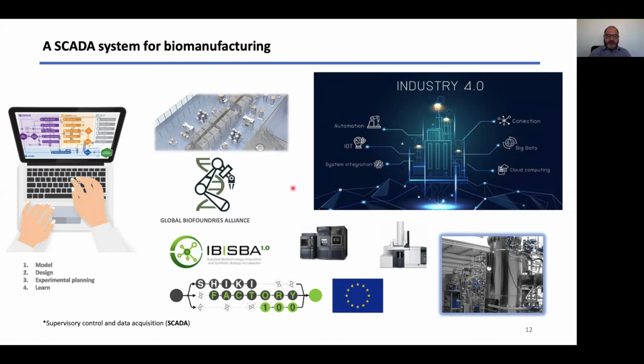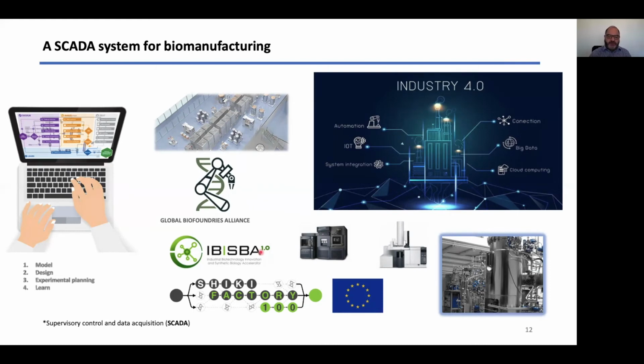This is becoming quite central to several international initiatives and consortia, like the Global Biofoundries Alliance, which is an alliance of several biofoundries internationally. You can find them everywhere around the world, and they are trying to develop standards in order to be able to exchange data, to exchange results.